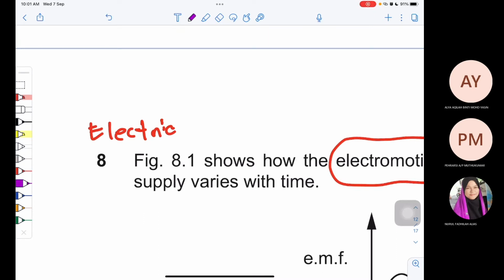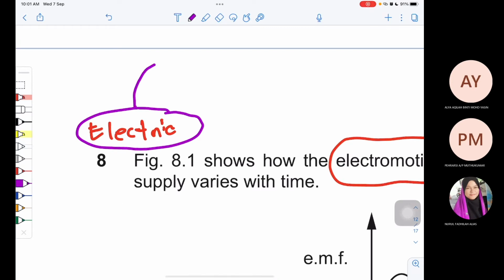okay, dalam topik electric tadi kita dah discover apa? Okay, what have we discussed? So first tadi we talk about apa awal tadi? VIR. Okay, kita VIR. Okay, and then we talk about Ohm's law.